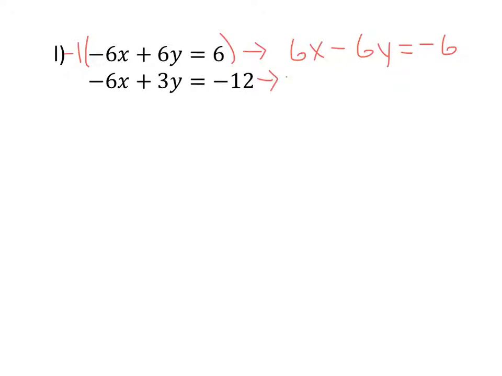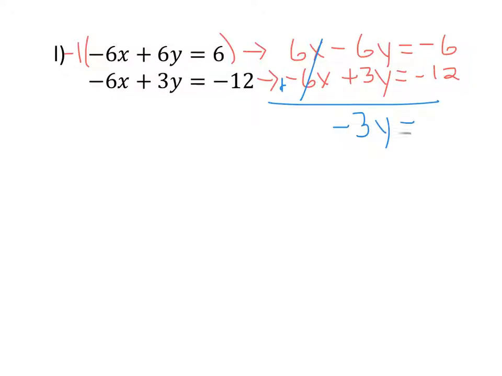Bring over this equation, not doing anything to it, just rewriting it. Now I can go ahead and add. Those cancel. I am left with -3y equals -18. Divide by -3, y equals positive 6.